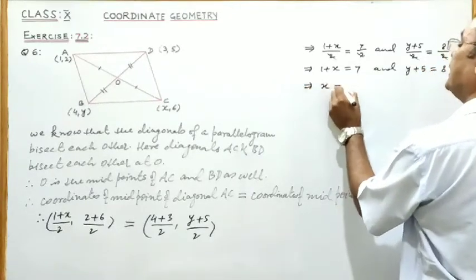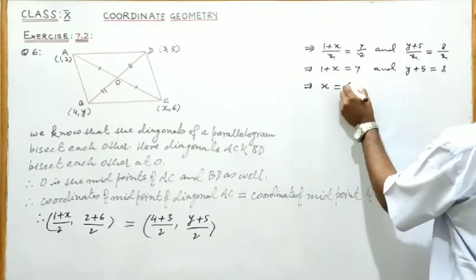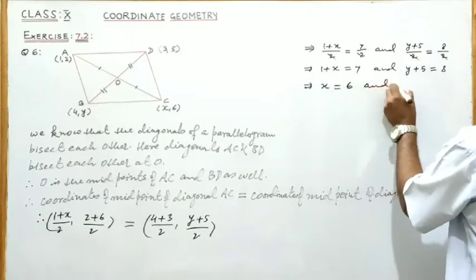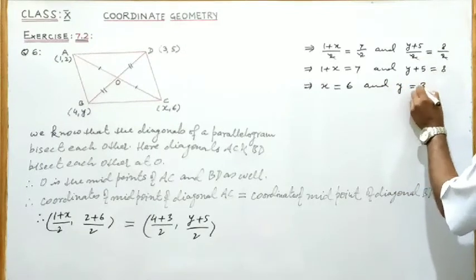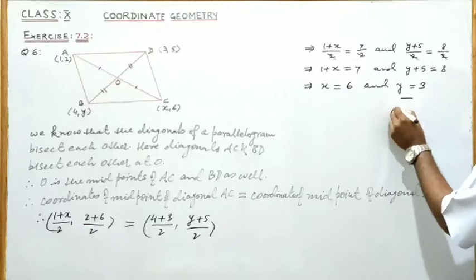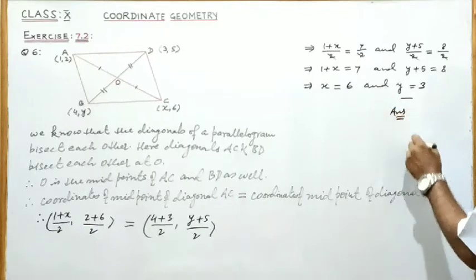This implies x equal to 7 minus 1, 6, and y equal to 8 minus 5, 3. And this is the answer.